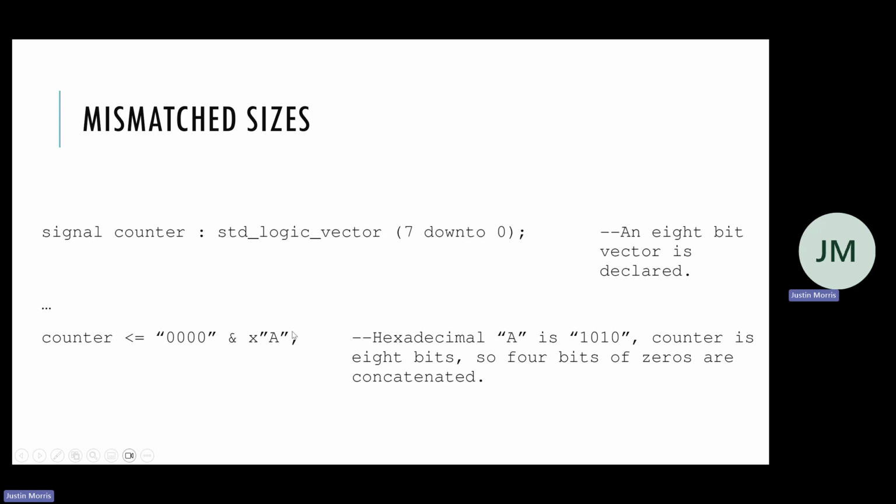And we can concatenate them together with the AND operator. So I get 4 zeros and then 1 0 1 0. And that would be assigned to the 8 bits of this signal counter. So this is how you can combine and concatenate bit strings together. Make sense?